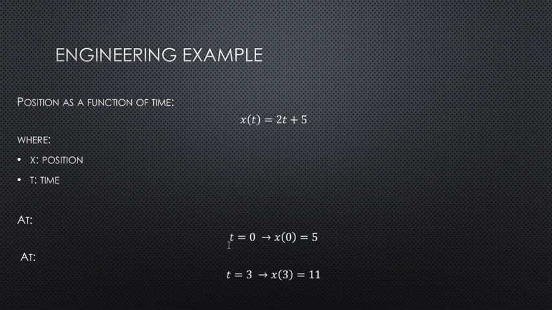At time 0, the position is 5. At time 3, we substitute 3 for t. 2 times 3 plus 5 gives us 11. So, after 3 units of time, the object's position is 11.